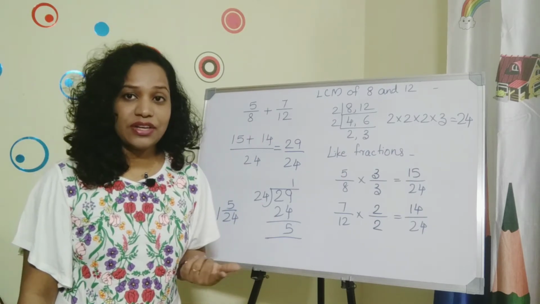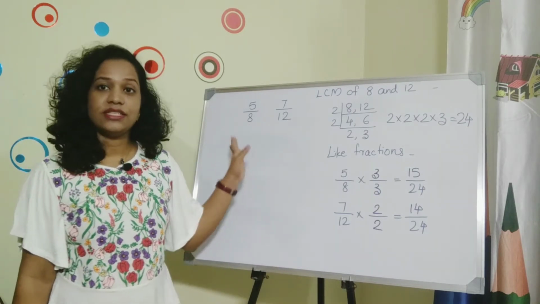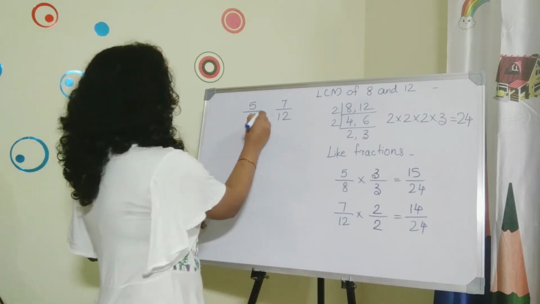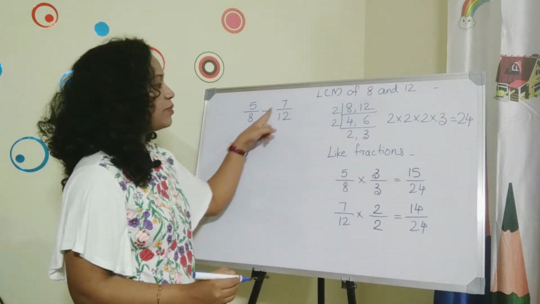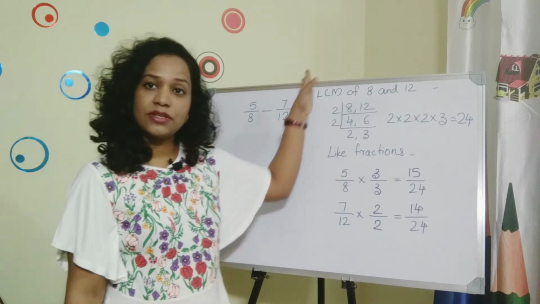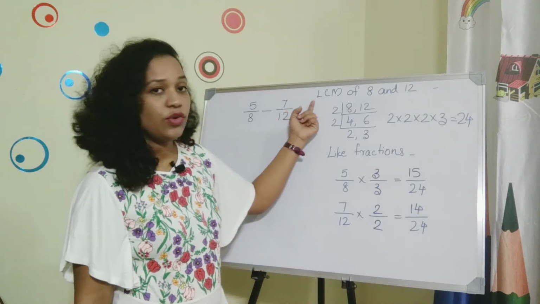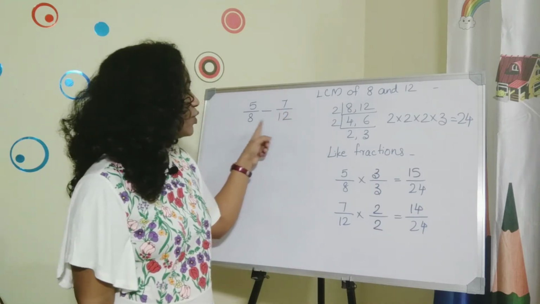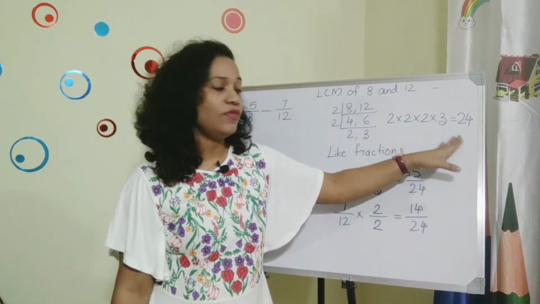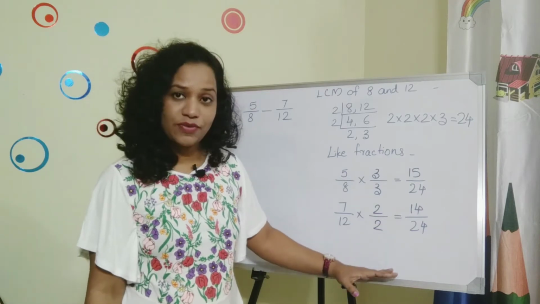Now shall we try to subtract unlike fractions? I have taken the same fractions here and we are going to subtract them. 5 by 8 minus 7 by 12. So the steps we should follow are the same. First we have to find the LCM of the denominators 8 and 12. Our LCM is 24. Then we have to find the like fractions. So we have already found.